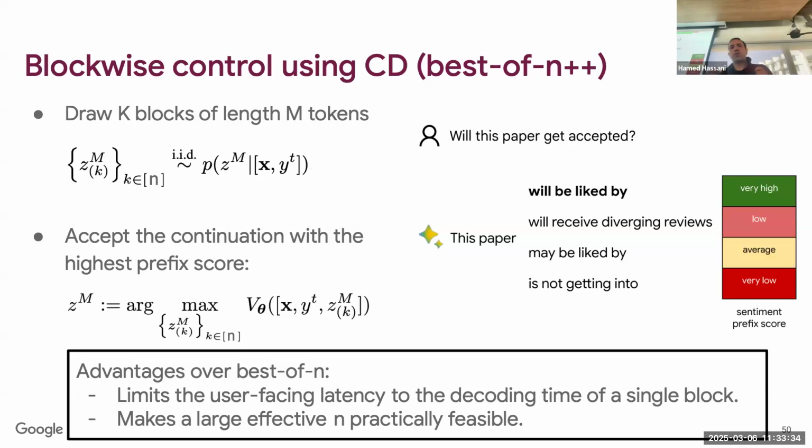But the problem with that is, let's say I'm asking for a book to be generated, can you write a book on snakes? Then I have to generate n books and score them, seeing which one is better, and only then can I start serving this to the user. So the user has to wait for a long time.